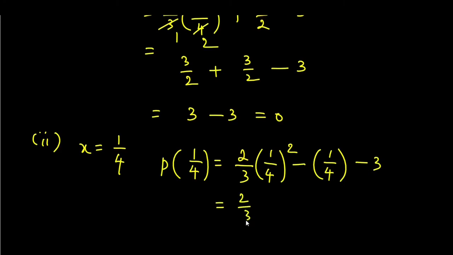This is 2 by 3 into 1 by 4 whole square is 1 by 16, minus 1 by 4, minus 3.